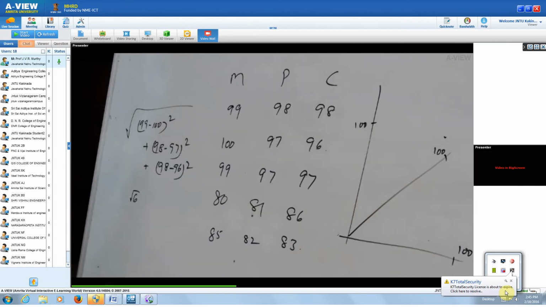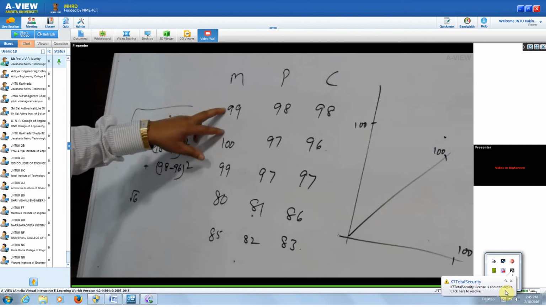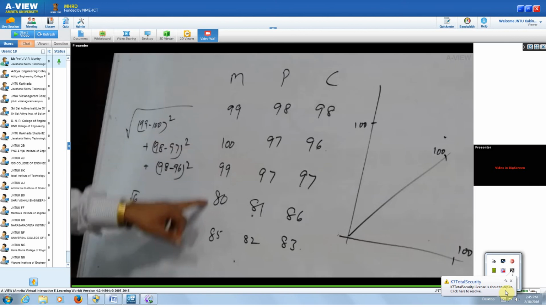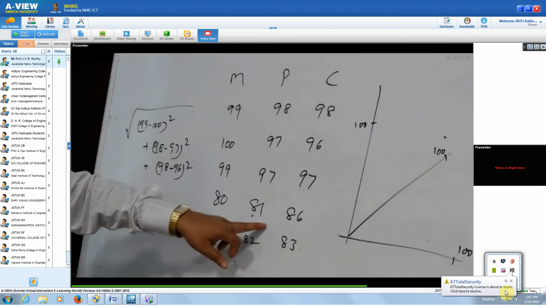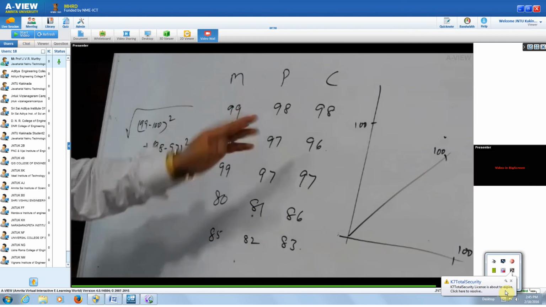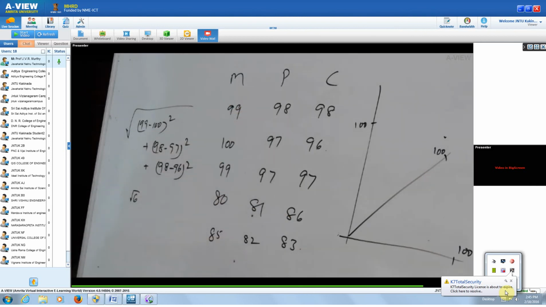So this is how you define the distance. That means all the 3 factors have their own influence over the point. So this is the distance between these 2. And the distance between this and this is large: 99 minus 80 square, 98 minus 81 square, plus this square, sum and square, right?